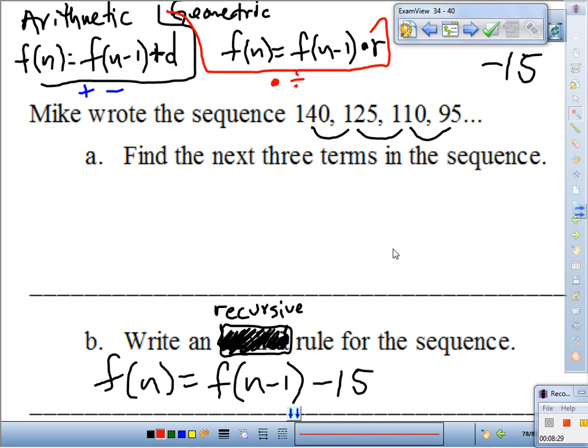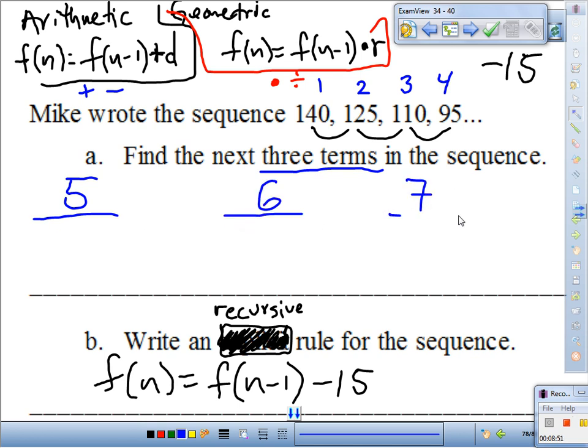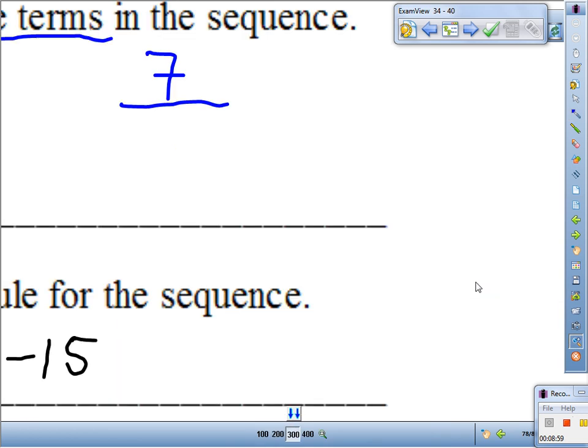Yes? All right, now that we have our rule, which terms are we supposed to find? The next three terms. Well, how many terms do we have? 1, 2, 3, 4. So I need to find 5, 6, and 7. I'm going to zoom out so we can do the work.